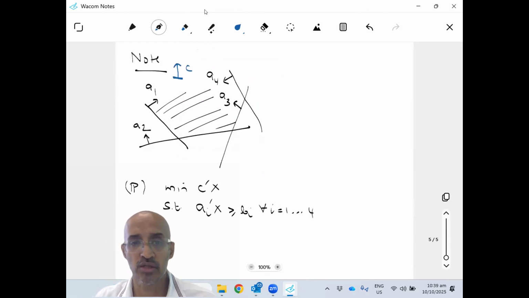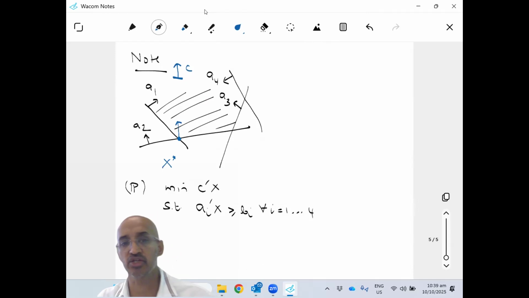So my optimal solution going in this direction has to be down in this direction. So this should be X star, and X star is the primal optimum.